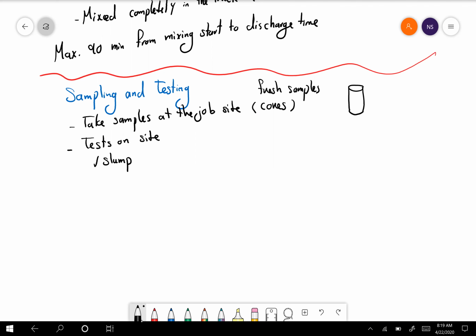And also you need to take the air content. Air content is very important in the concrete, and there's a specified range in the design and also in the specifications. And then you need to prepare samples for later testing.